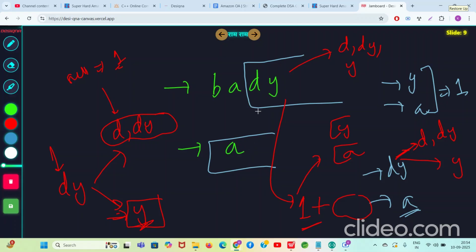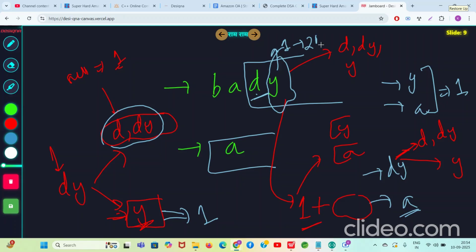Now, dya. Now listen to me. You know that for this part the answer is 1. And for this part, you just need to know what is the remaining length. Apart from d, the remaining length is 1.